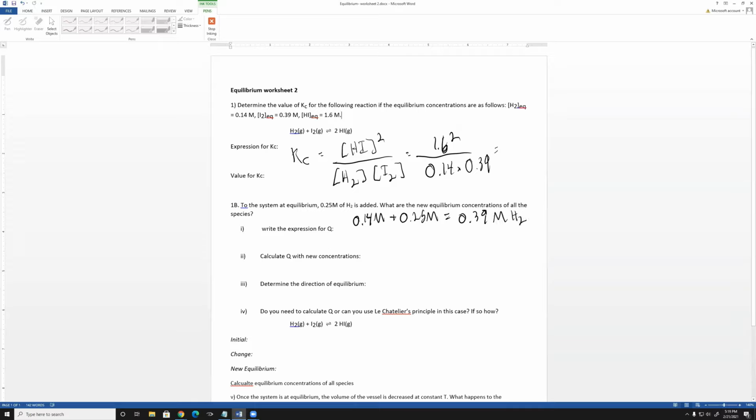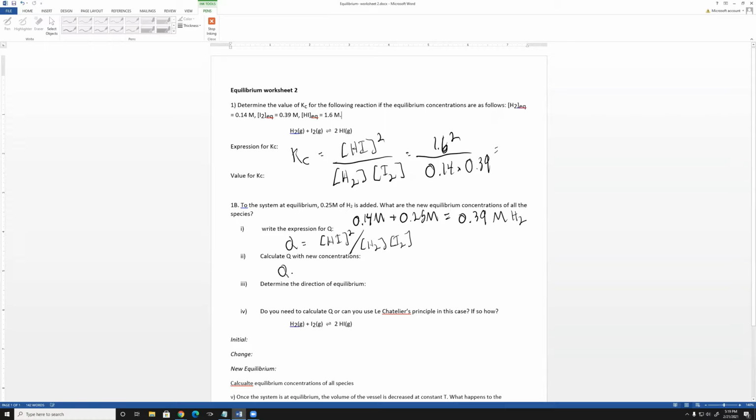We can write our expression for Q, even without knowing that information. We can write Q as being the same thing as K, but not at equilibrium. So we have the concentration of HI squared divided by the concentration of H2 times the concentration of I2 at a specific point.